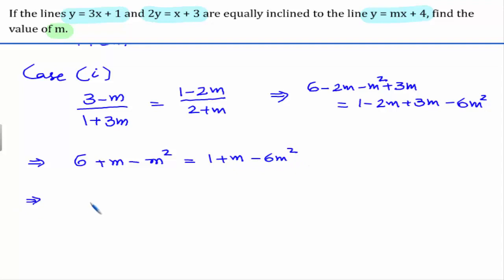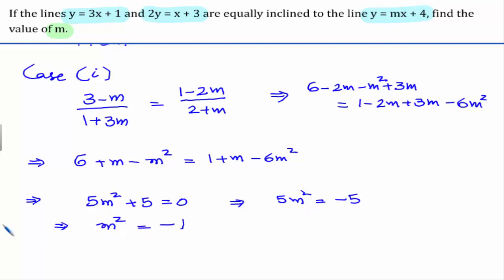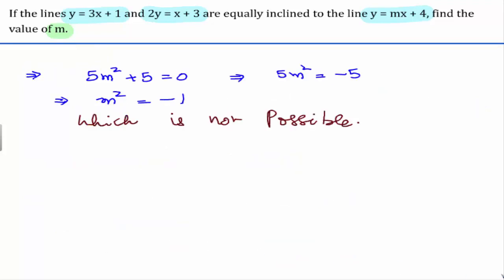If we simplify this, we get 5m square plus 5 is equal to 0. This will give us 5m square is minus 5 and m square will be minus 1, which is not possible, because the slope of a line is always a real number. Here we are getting an imaginary value.